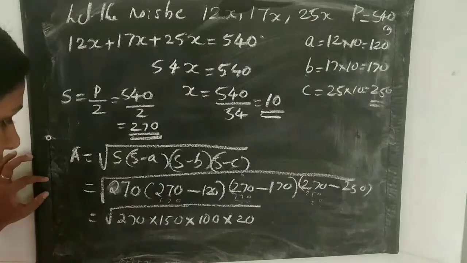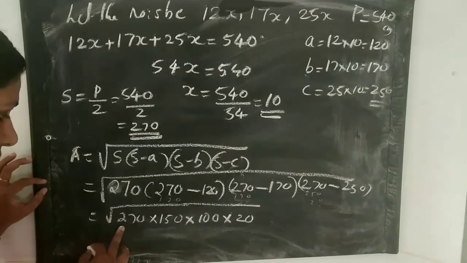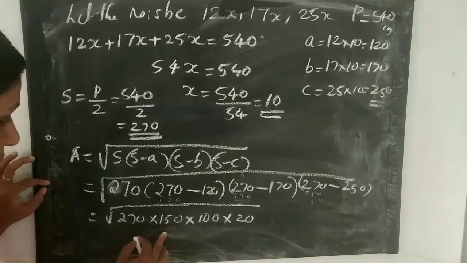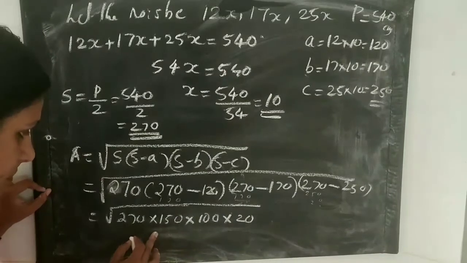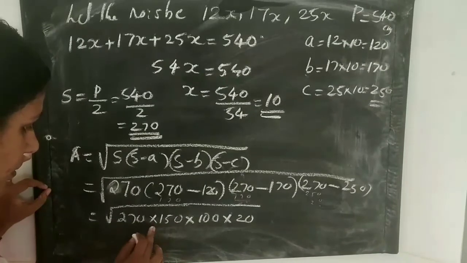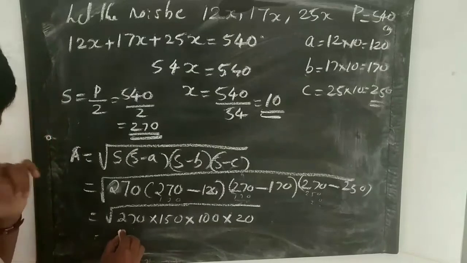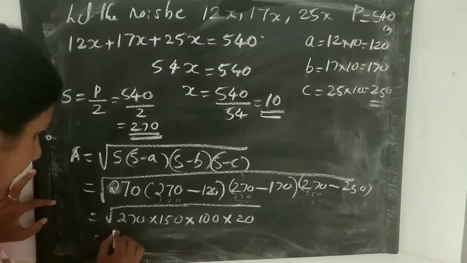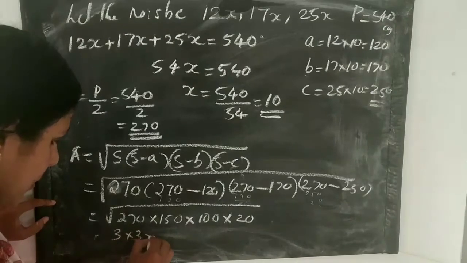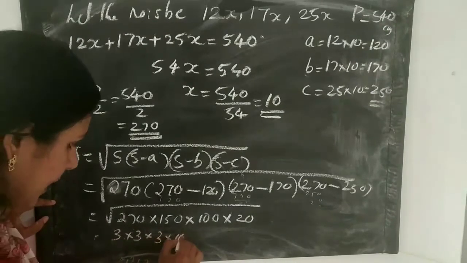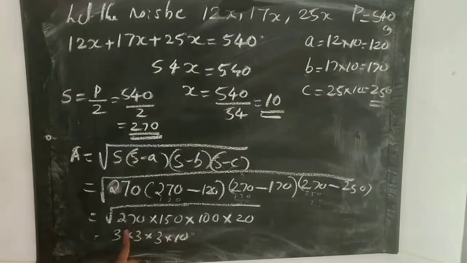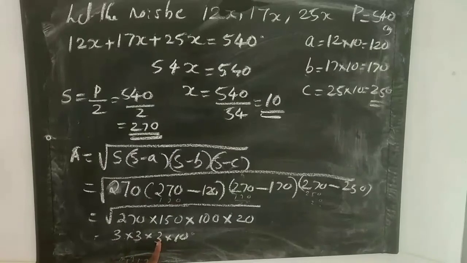Now we need 270 into this one. Here, 270 we can write as 3 into 3 into 3 into 10. 3 into 3 is 9, 9 into 3 is 27, 27 into 10 is 270.